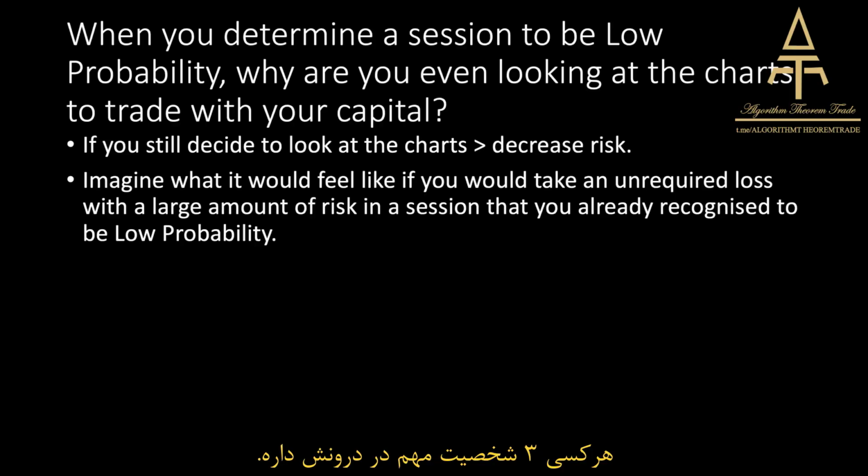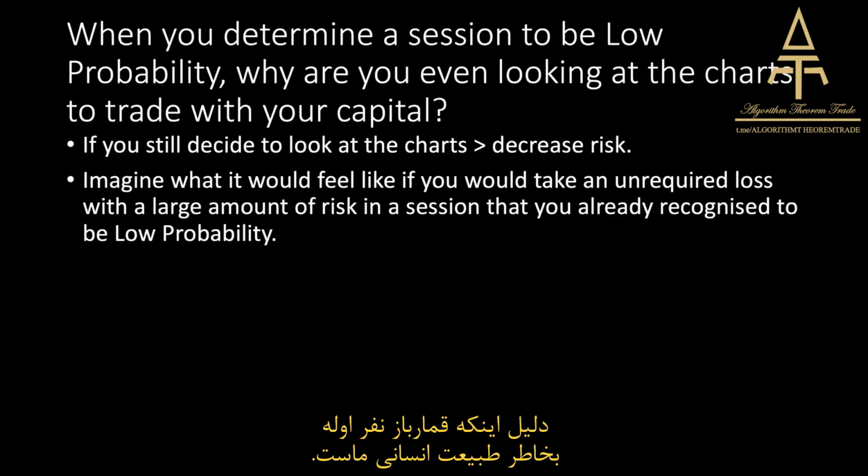There are three main drivers inside of each one of us. We first of all have the gambler, we have the trader, and we have the analyst. The reason why the gambler is in the first place is because this is our human nature. This is how our brains have been created.